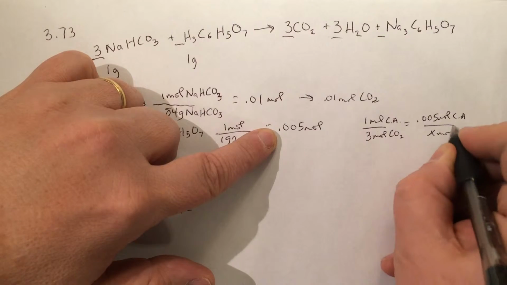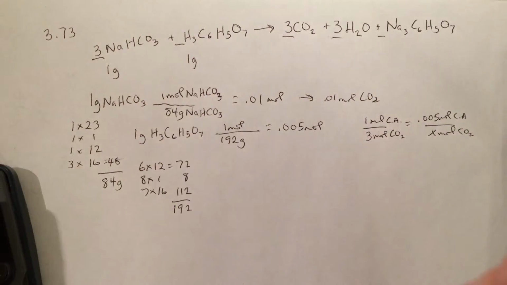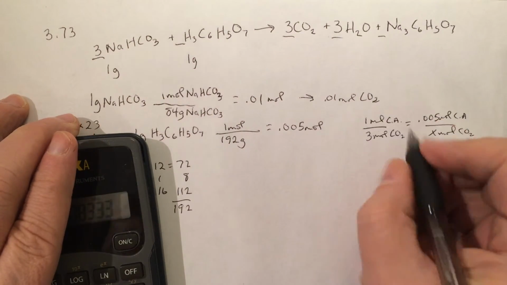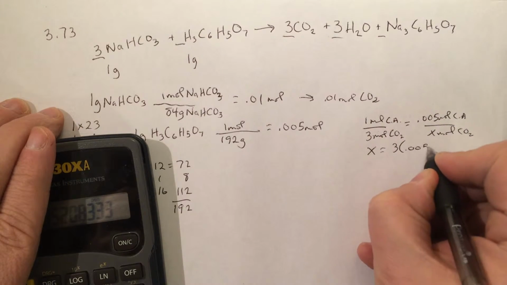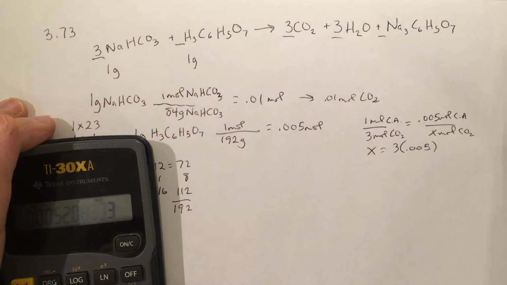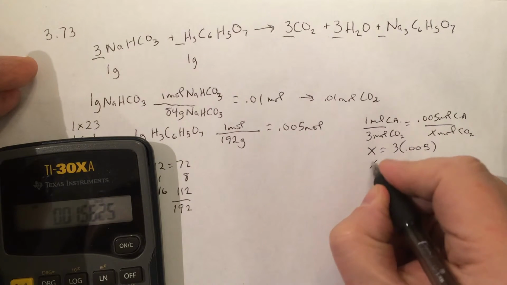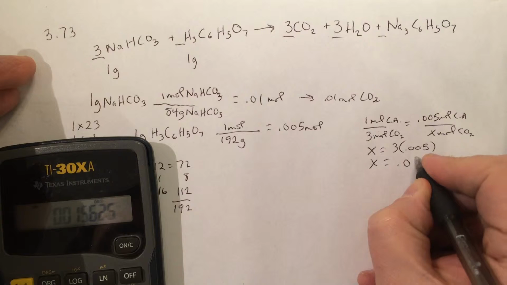How many moles of the carbon dioxide? So we cross multiply. 1 times x is x, and 3 times 0.005, and I have x equals 0.015.